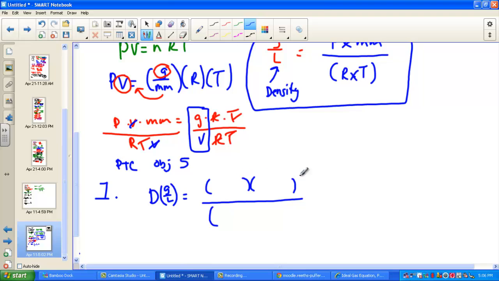Here we go. Density of diphosphorus pentaoxide. Here we have pressure, 748 torr.